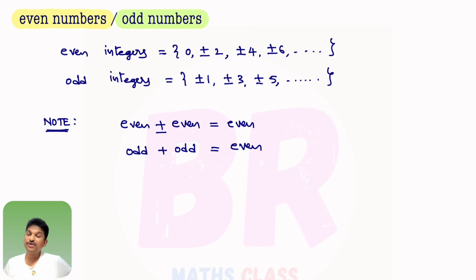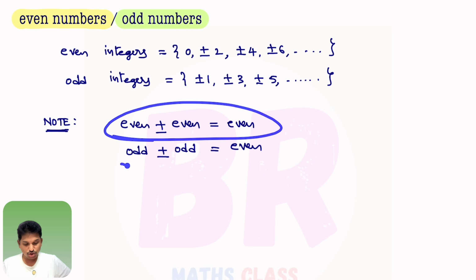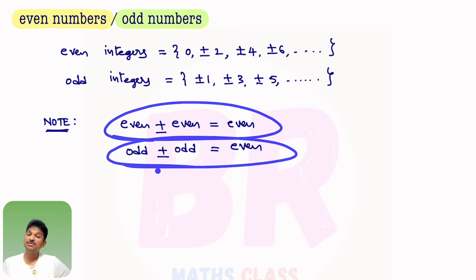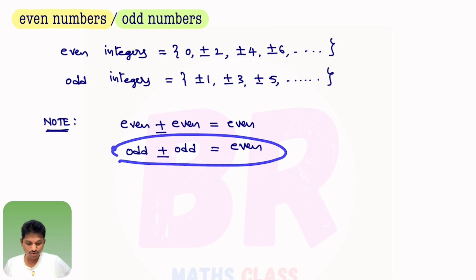Even. If we add two odd numbers, you will get an even number. If you subtract two odd numbers, then also you will get an even number. Addition of two even numbers is always even. Subtraction of two even numbers is always even. Addition of two odd numbers is always even. Subtraction of two odd numbers is also always even. If you want, you can check 5, 3: 5 minus 3 is even.